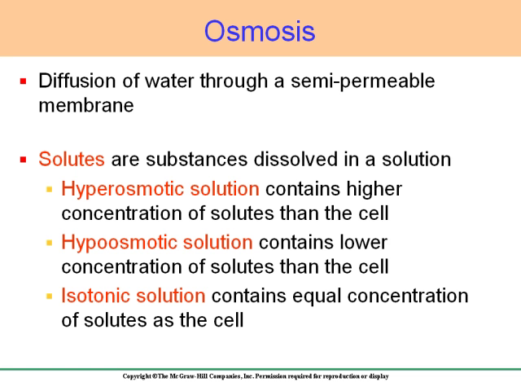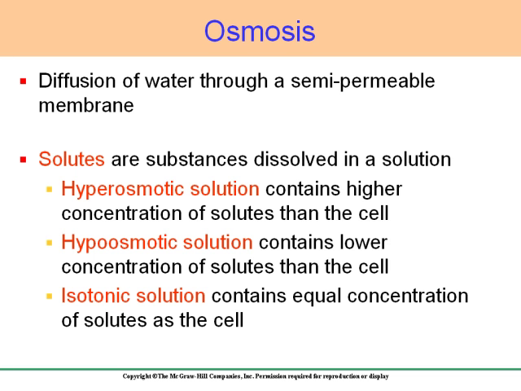A hyperosmotic solution contains a higher concentration of solutes than the cell. In this case, you have a cell being bathed in a solution that is more salty, or has higher solutes, than the cell itself.